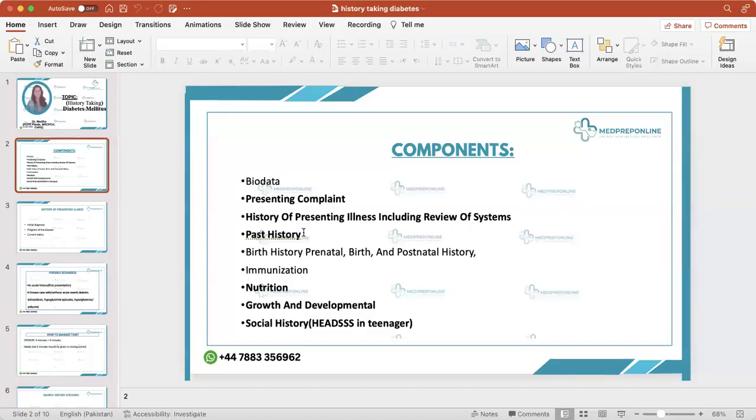And different historians put alcohol in different places. I usually keep it around the nutrition point. Is the child taking alcohol or not? And is he aware of its side effects on his glucose control and in general? Do ask about it, but very, very empathetically.